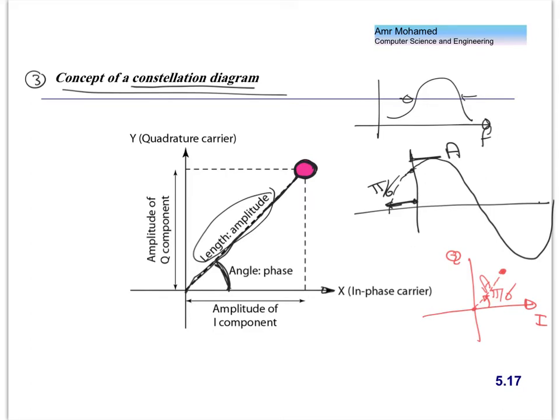We'll see in the next slide that this IQ diagram will help us a lot to understand other properties in all the modulation schemes that we talked about, the digital modulation schemes, ASK, FSK, and PSK, and specifically ASK and PSK, not FSK.